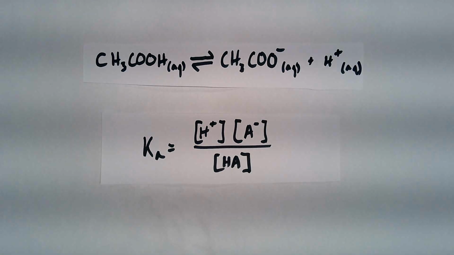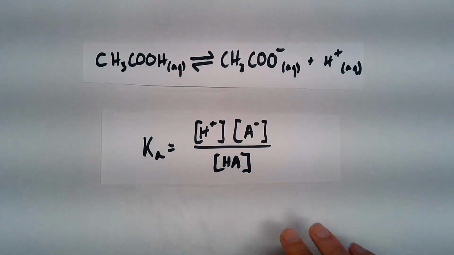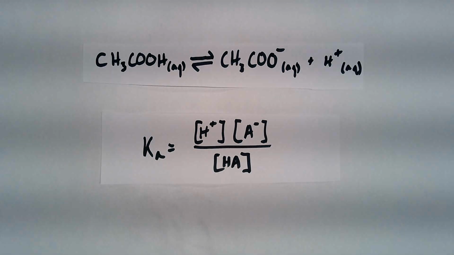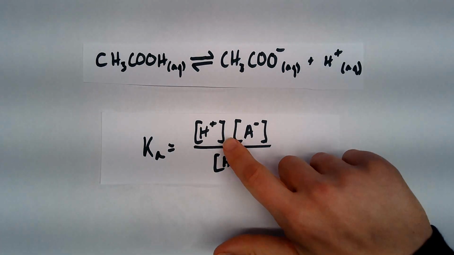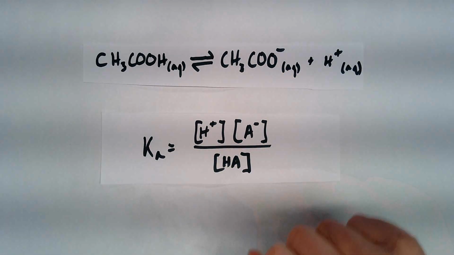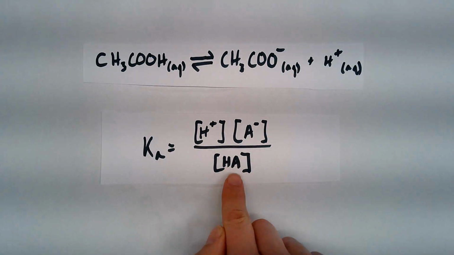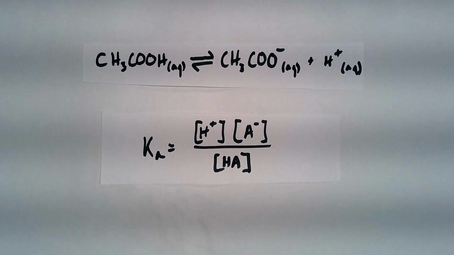The acid dissociation constant Ka of a weak acid gives us, as this expression here, the concentration of H+, the concentration of the salt in the buffer solution, and the concentration of the undissociated acid.